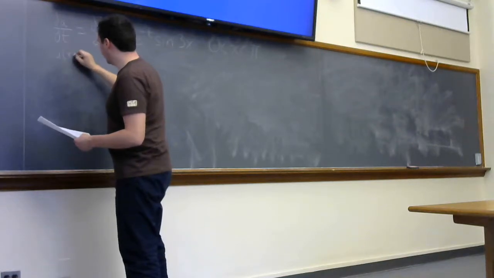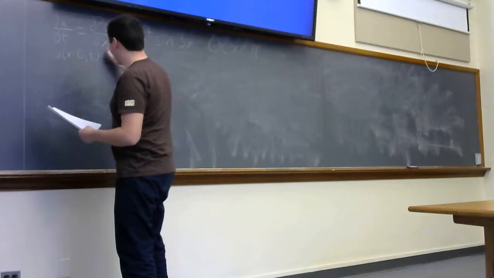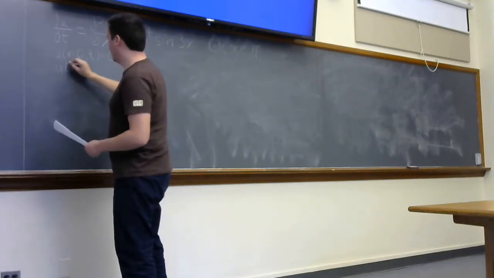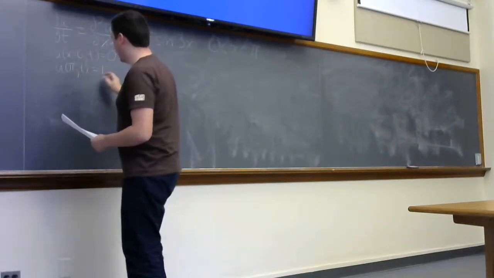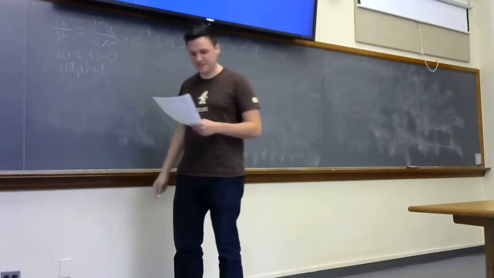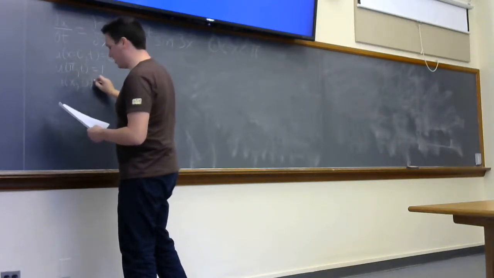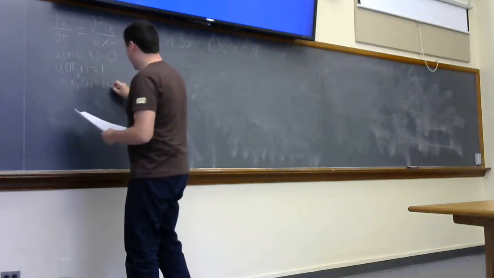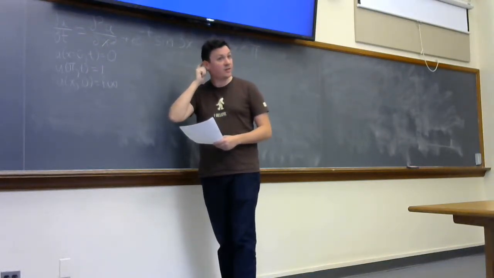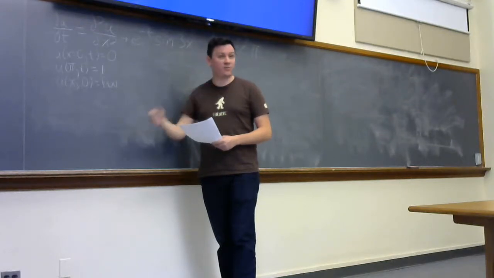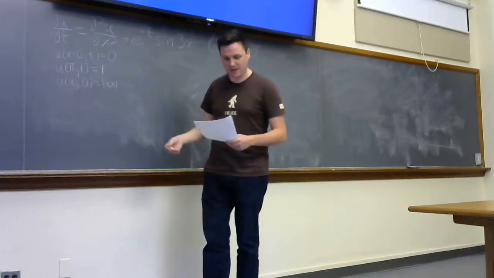So u at x equals 0 is 0, and u at x equals pi is 1. So you have this inhomogeneity. And then u of x at t equals 0 is some f of x. I'm just going to leave it as that. We can maybe throw in a few different f of x's later on and actually solve for the coefficients that would come from that, but as long as we define it, we can go from there.